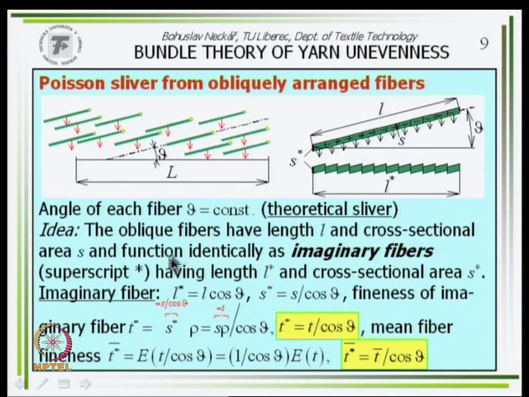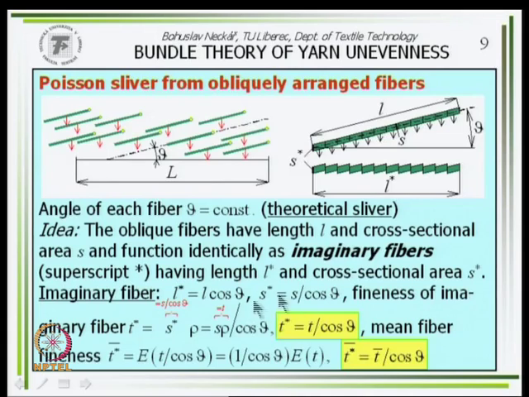Angle theta is constant, so the length, from this picture, it is evident that the new length L star is L times cosinus theta, a trivial geometrical triangle. S star, we know it from earlier lectures, must be S divided by cosinus theta. Fineness of the imaginary fiber T star: we know that fineness is cross-section times rho.